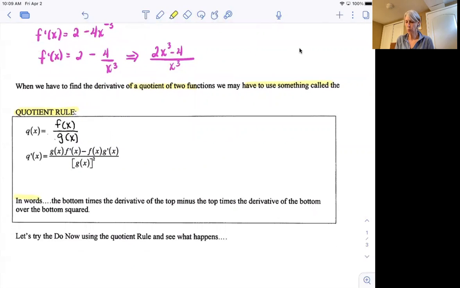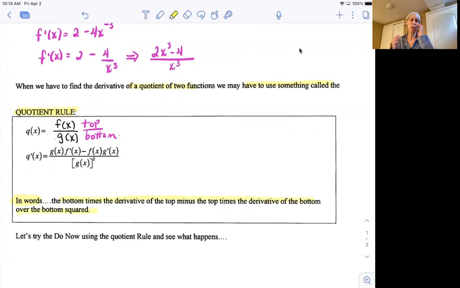When I'm using this rule, like all the rules, I just use the words. That's my top function, and g of x is my bottom function. So I just say the bottom times the derivative of the top, minus the top times the derivative of the bottom, over the bottom squared.